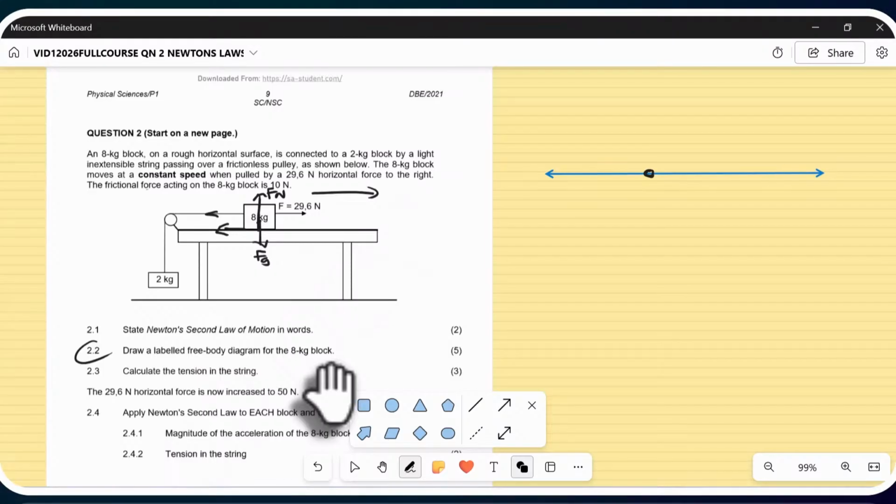Then we have the tension here. Now this is the force, you can put F, or you can put 29,6. It is all fine like that.